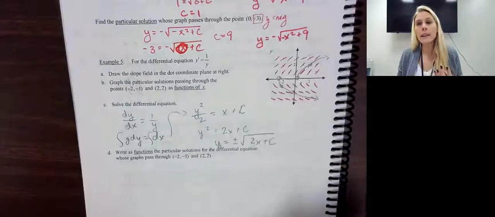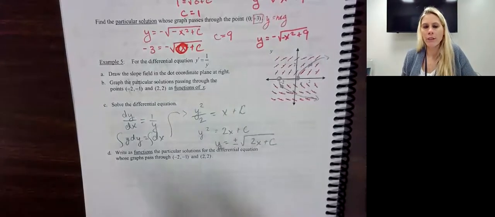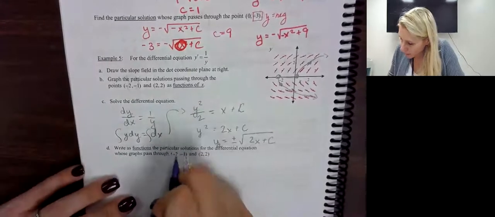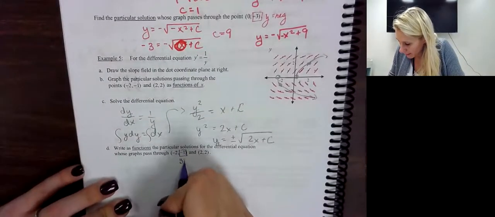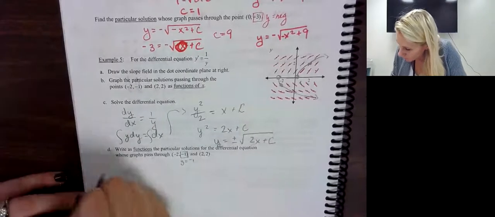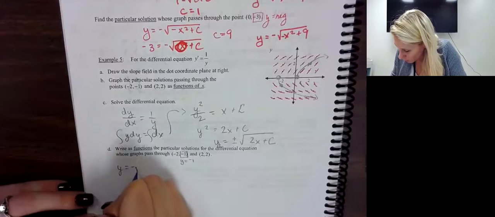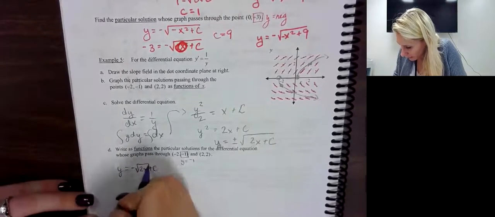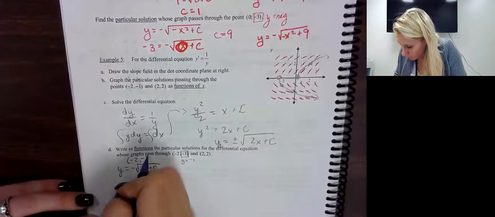So again, this is the general equation. But now we are actually going to find the exact function that goes through each of these points. So here, let's point out again, the y is negative. So I am going to use y equals negative square root of 2x plus c for the coordinate -2, -1. So now I'm going to plug in.